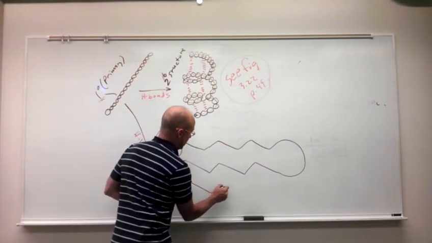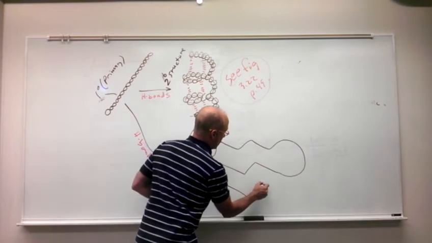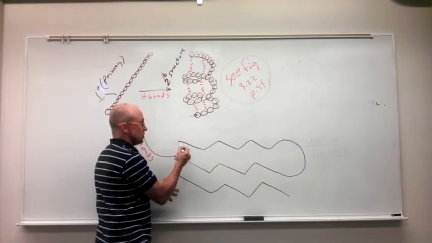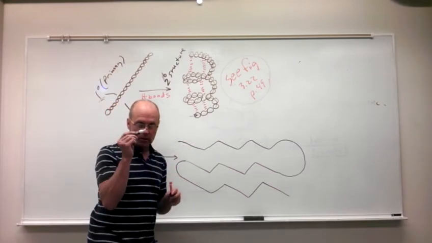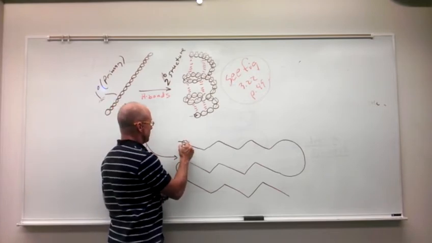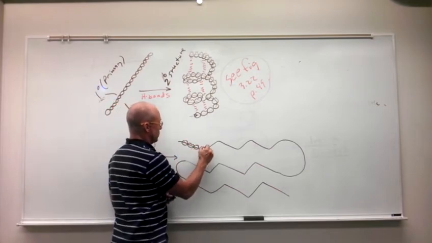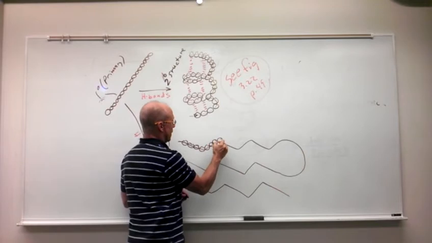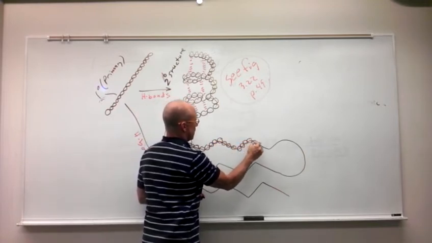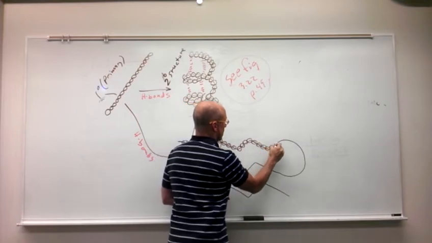And then here the same. And then what we'll go ahead and do is fill in circles. The circles are going to represent the amino acids, right? So this line is going to be a template for this, and then all these circles are going to represent this string of pearls that we've made. It goes all the way around.